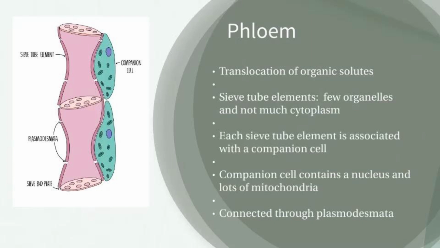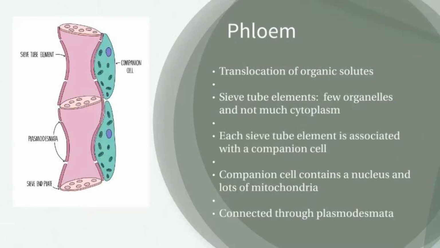Another cell that is part of the phloem are called companion cells, and each sieve tube element is associated with a companion cell. These companion cells, in contrast to the sieve tube element, contain a nucleus and also contain lots of mitochondria.